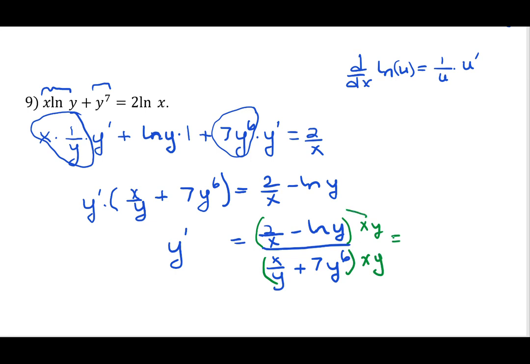So we're going to distribute it. 2 over x times xy, the x's cancel, and we're going to have 2y minus xy times ln of y, all over, what is x over y times xy? This time the y's cancel, and x times x is x squared.